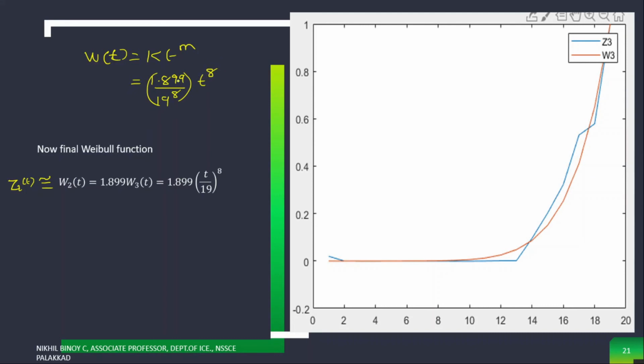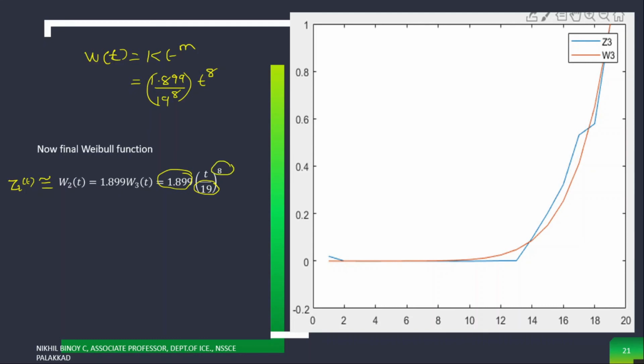So we have two parameters. One parameter is 1.899 divided by 19 raised to 8. The second parameter is 8. If you are using a three parameter system, then this is one parameter 1.899, this one is the second parameter, and this one is the third parameter.